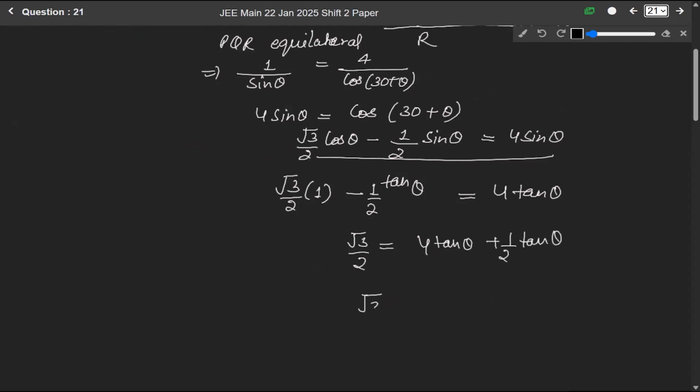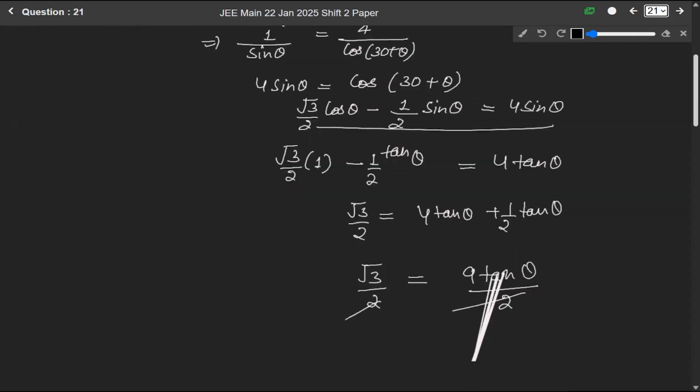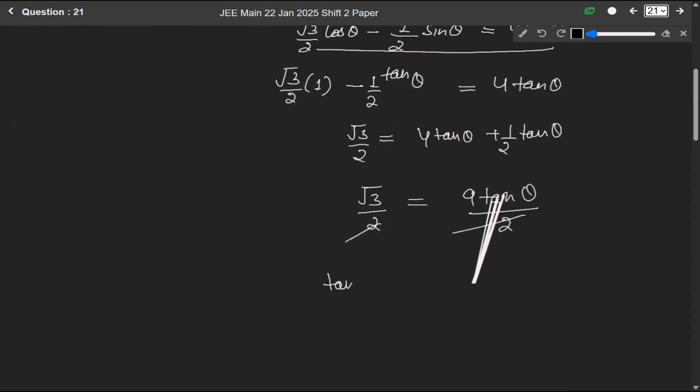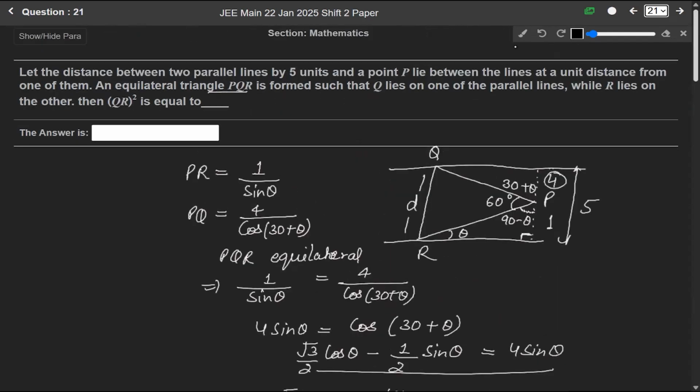So root 3 by 2 equals 9 tan theta over 2, the 2 cancels out. So tan theta equals root 3 over 9, which equals 1 over 3 root 3. We have to find QR square.